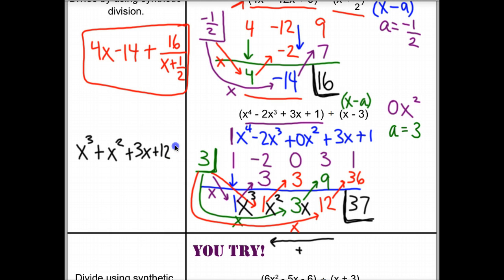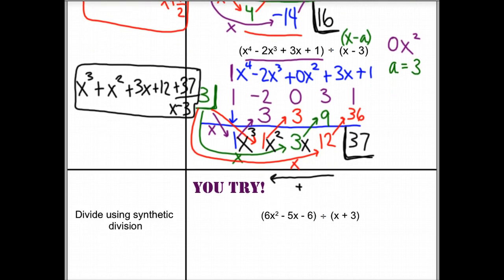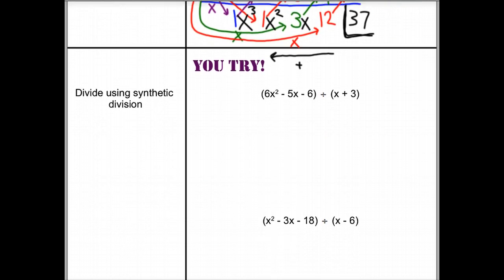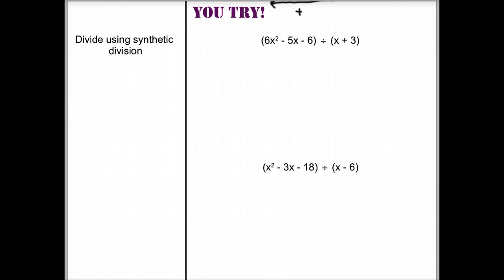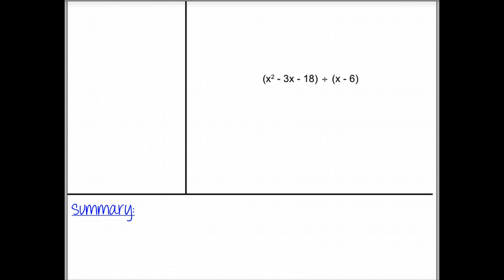And then we are going to add the 37 over x minus 3. And that's all we have to do for the synthetic division. And this is going to be a piece of cake for you guys. I am confident in your ability. So let's do the you try problems and come to class with those done. And don't forget about your summary. Good luck.